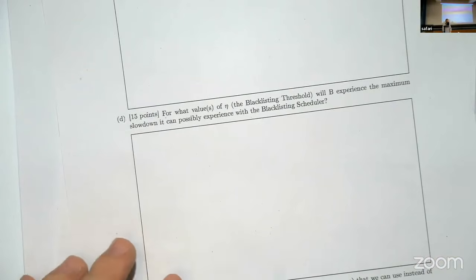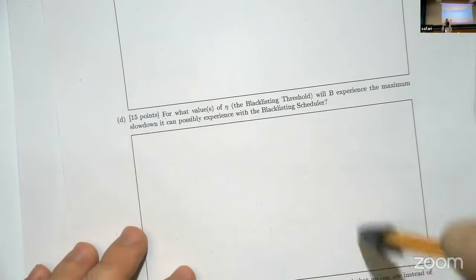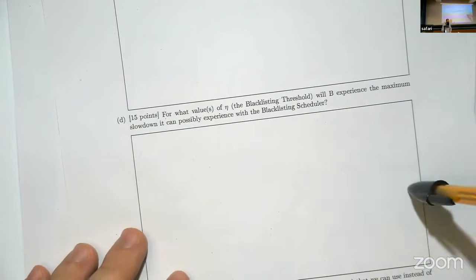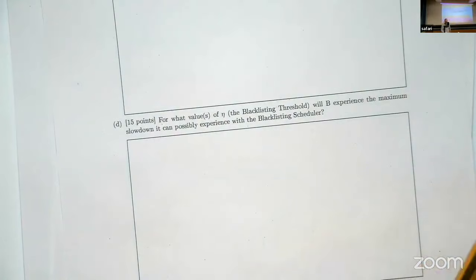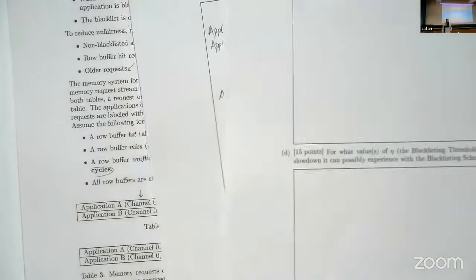And you're saying that with n equals 1 to 5, there might be a chance that application B will be deprioritized, and then we will prioritize A. Okay, let's see why this is not true.